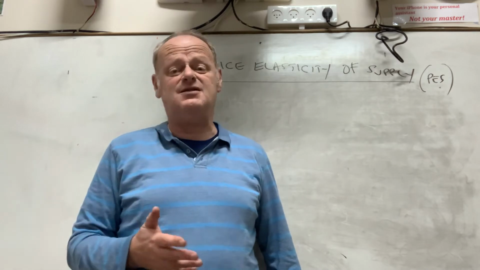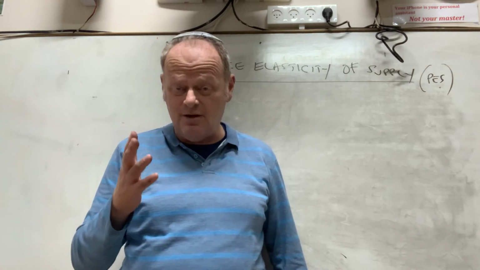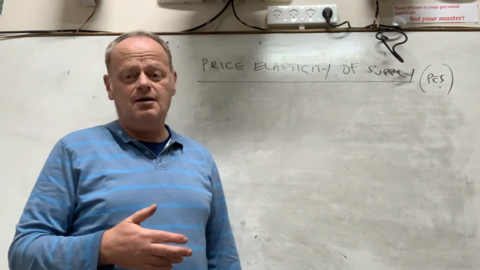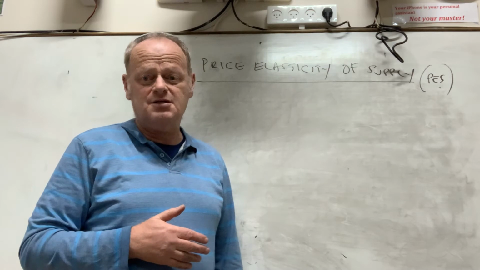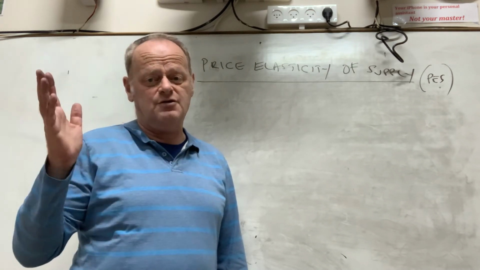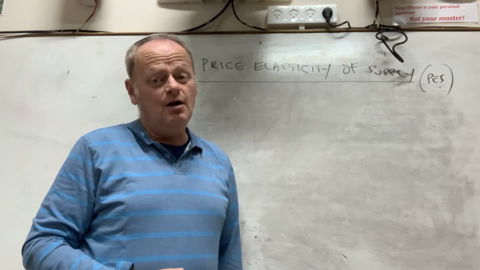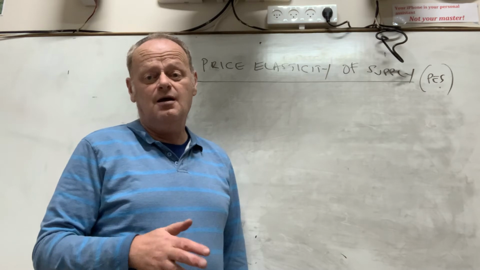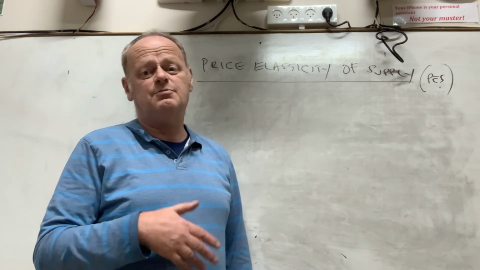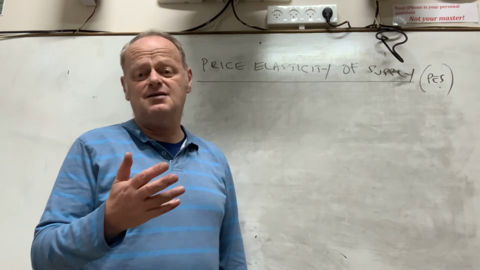How sensitive is it to a change in price? We're talking about the quantity demanded. Does a slight change in price mean there will be a huge difference in the quantity demanded? Or could a huge change in price not make much of a difference to the quantity demanded? When it's sensitive, it is price elastic. And when it is insensitive, it is price inelastic.